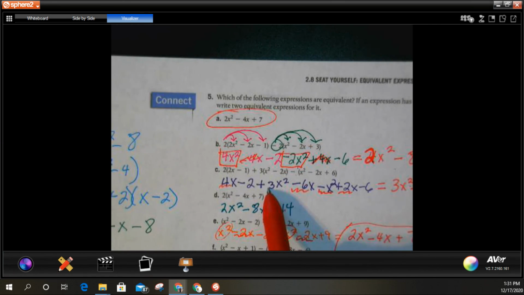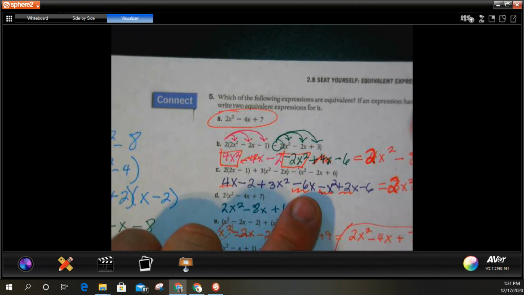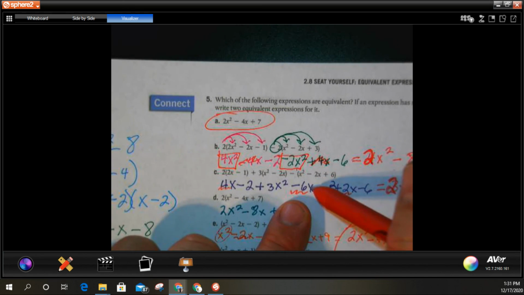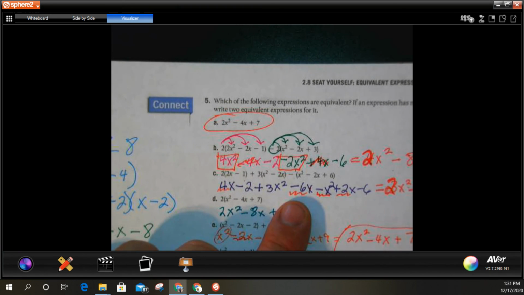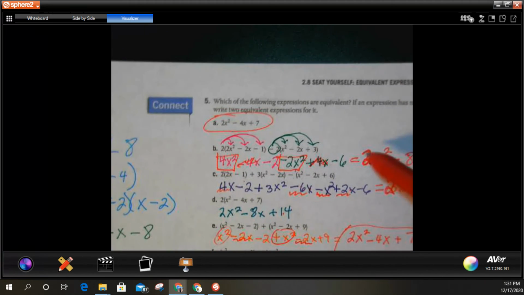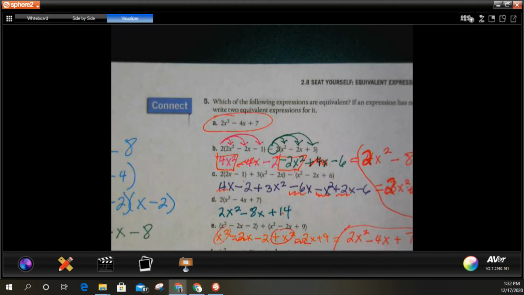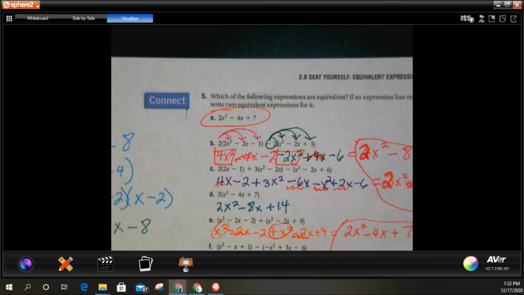Let's see, this one does not have a match. So I need to match 2x squared minus 8x plus 14.